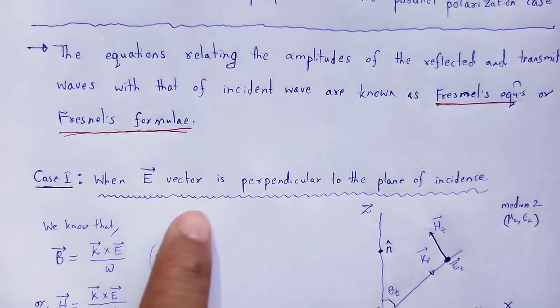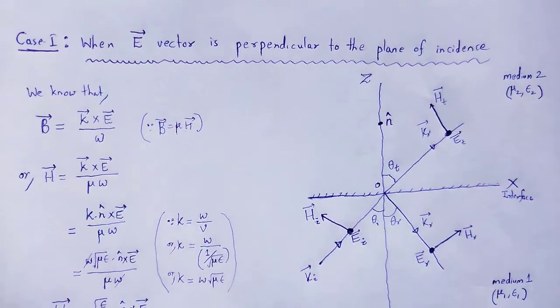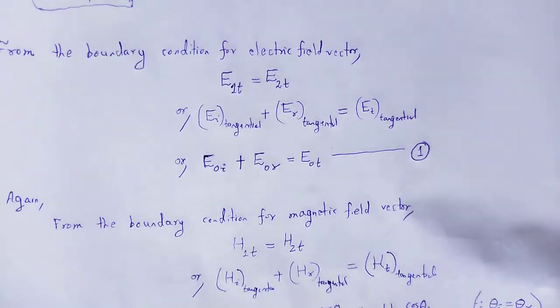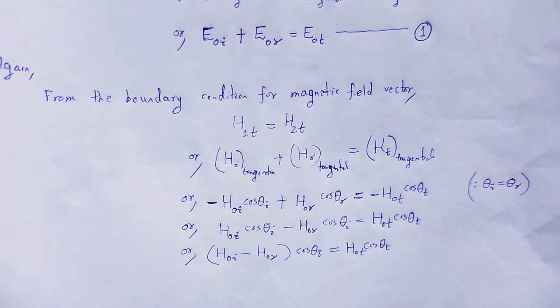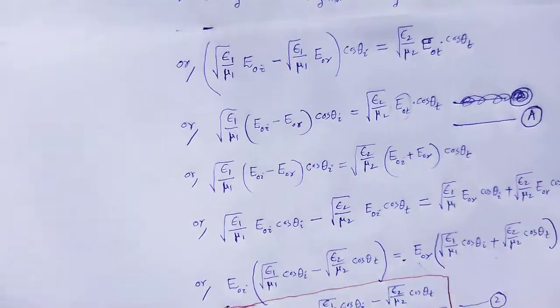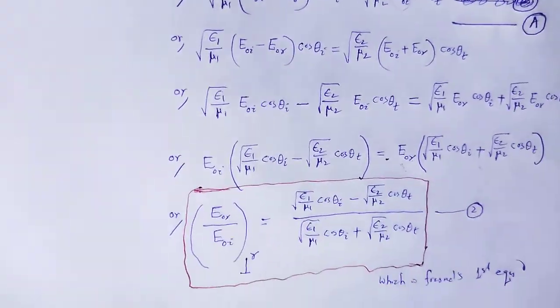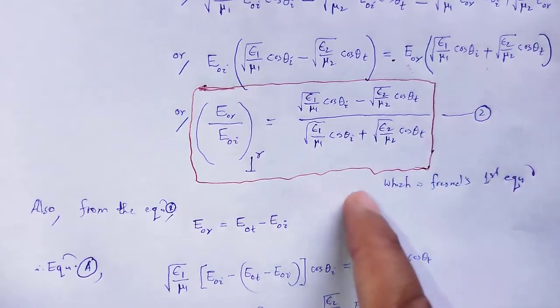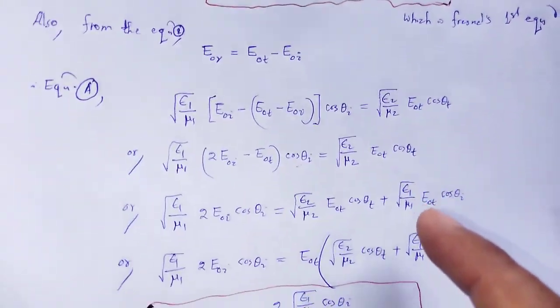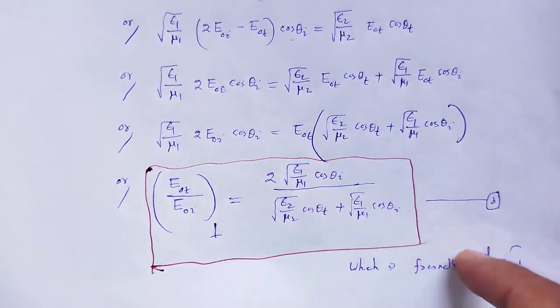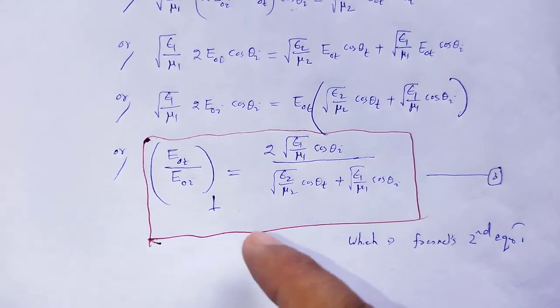First, case number 1, when the E vector is perpendicular to the plane of incidence. This is the first Fresnel's equation under that condition. This one is the second Fresnel's equation under that condition.